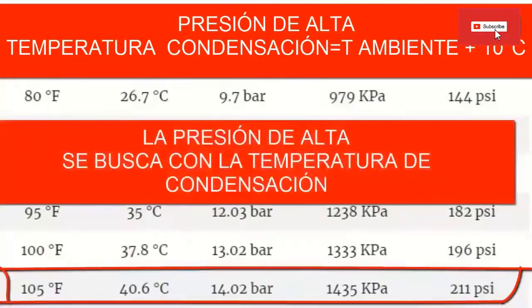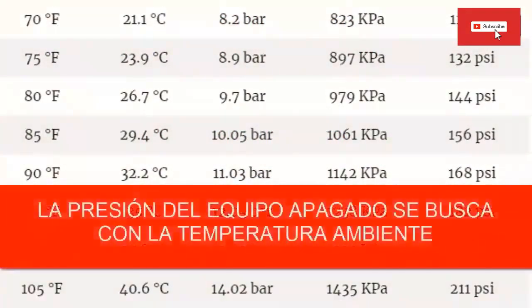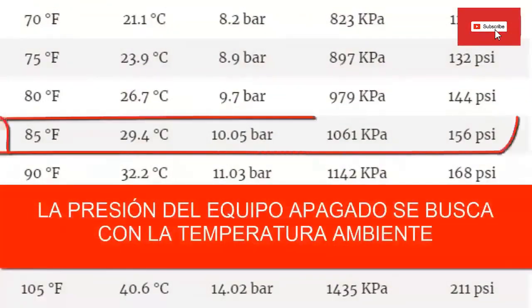Thus we have in the table a pressure of approximately 211 psi. This value is equivalent to 14 bar. 5. Another pressure value that is usually important is the pressure of the equipment when it is turned off. In this case, for the same room temperature, we look directly in the table for an approximate value of 30 degrees Celsius and we obtain a pressure value of about 156 psi.